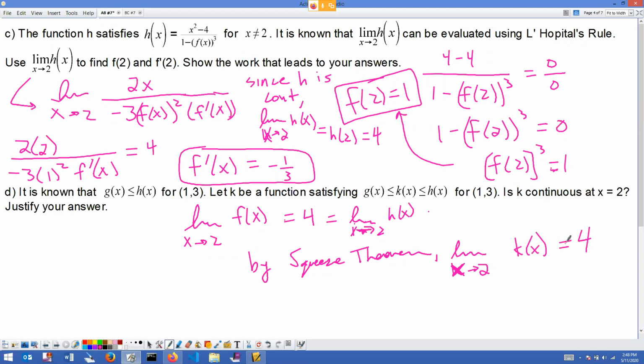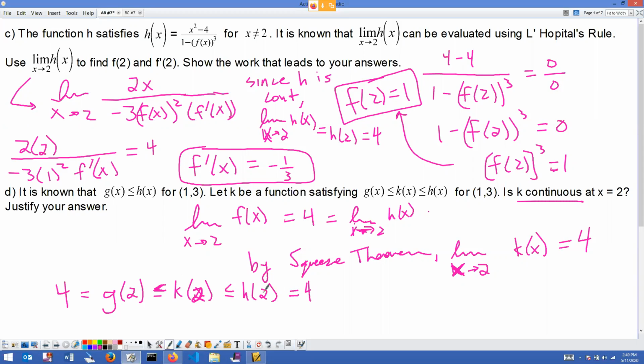Now, just having this information about the limit equaling 4 isn't enough to say that it's continuous. But we also know that g of 2, which equals, we'll say that 4 equals g of 2, has to be less than or equal to k of 2, which has to be less than or equal to h of 2, which is also 4.